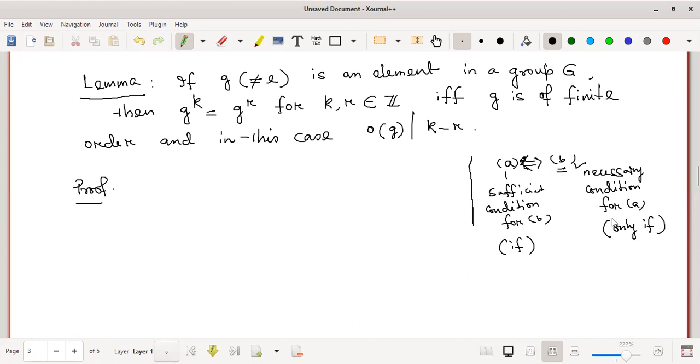So we say that A implies and is implied by B. That means A if and only if B. Right?